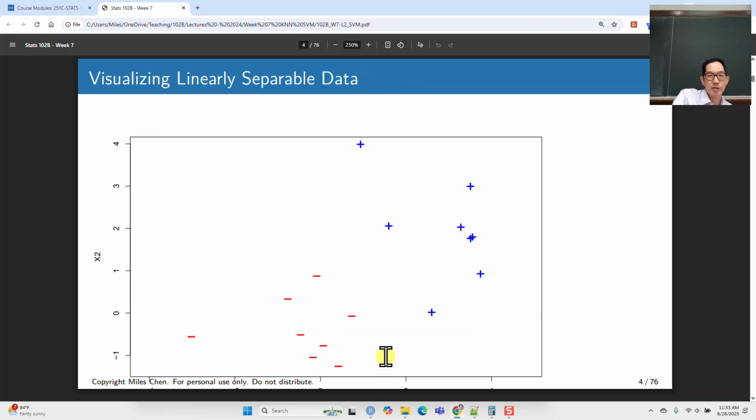Let's say this is our data, and we want to separate it. We want to pick some line that can separate this, and the maximum margin basically means try to find something that's really in the middle, so that the distance to that line is maximum.